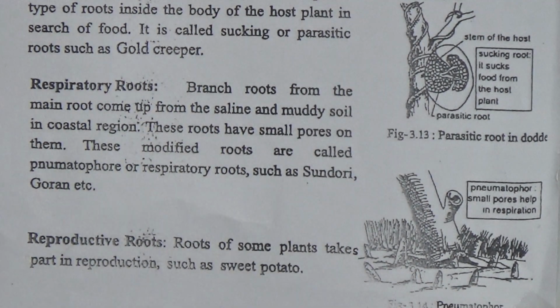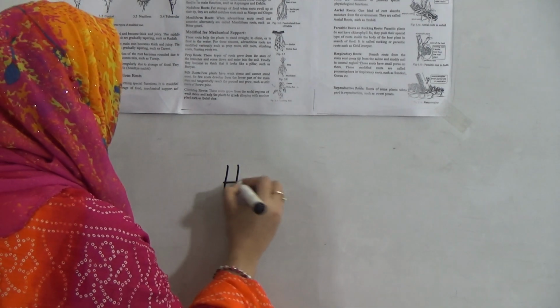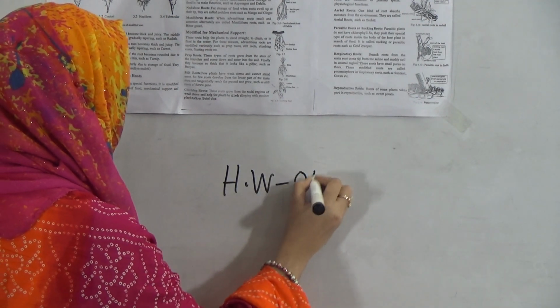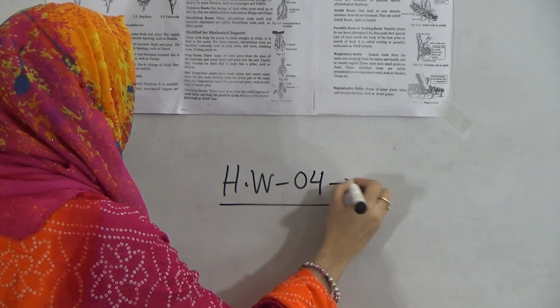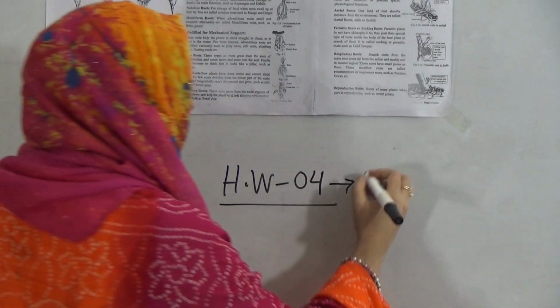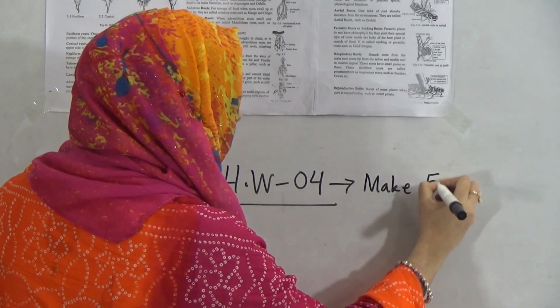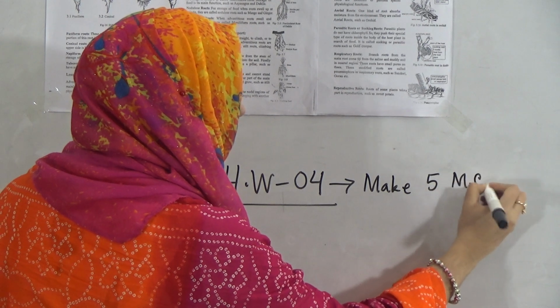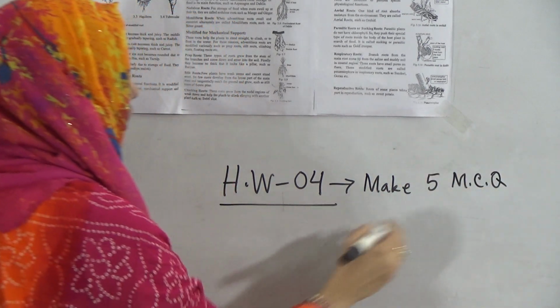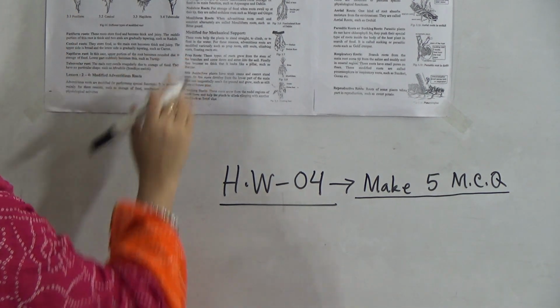So dear students, I have finished today's topic. Now I will give you SW. Our today's SW number is 4 number SW. This is 4 number SW and you will make 5 MCQ from this part, that means from lesson 1 to 4.